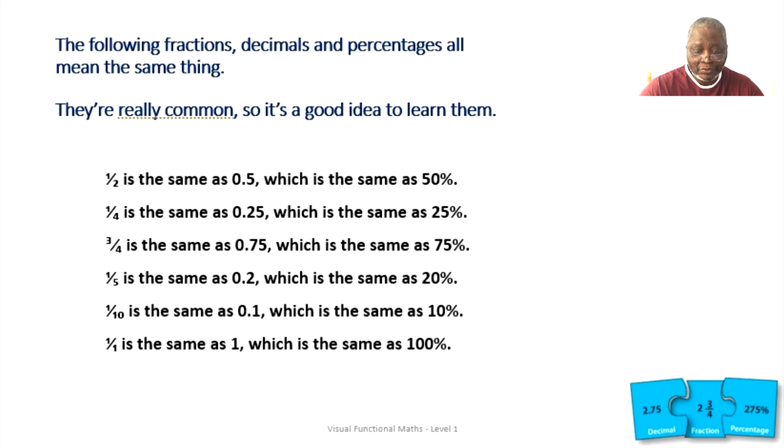Well, we're looking at fraction, we're looking at decimal, and we're looking at percentages. 1/4 is the same as 0.25, which is the same as 25%. 3/4 is the same as 0.75, which is the same as 75%. 1/5 is the same as 0.2, which is the same as 20%. 1/10 is the same as 0.1, which is the same as 10%.